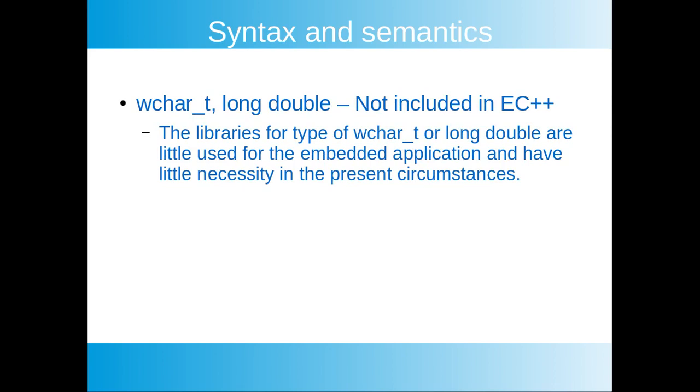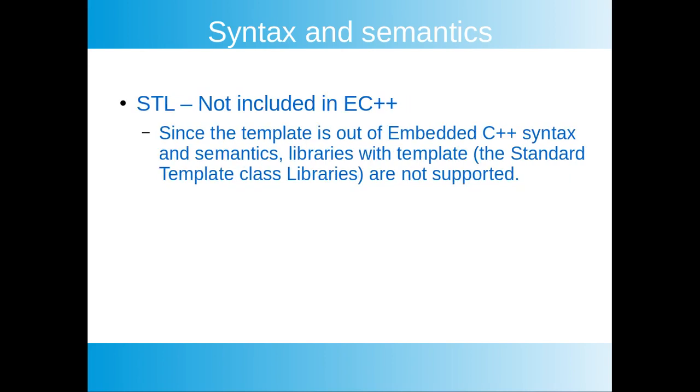One is wchar_t and the other one is long double. wchar_t means it is a Unicode type, and long double means a higher precision floating point number type. Both are removed in embedded C++, because these two types have very little use for embedded application development.